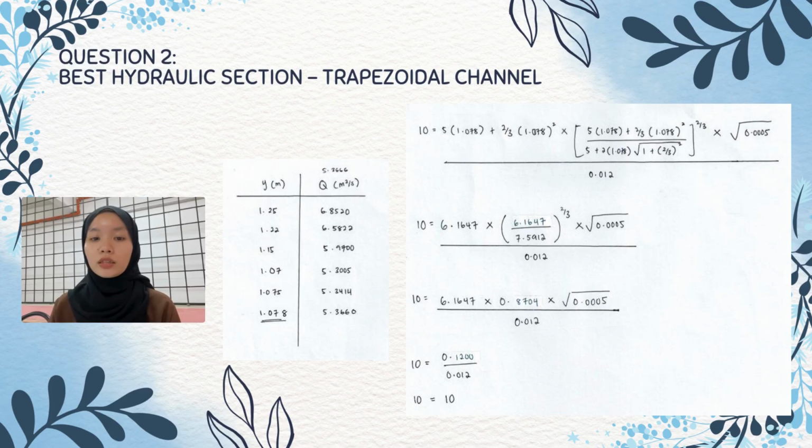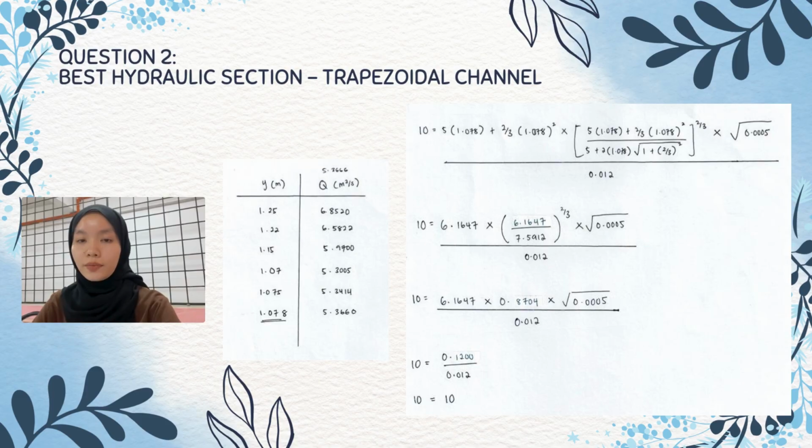The last value that we tried is 1.078 with exactly 5.3660 flow rate. So after trying several values of Y, finally we get the same flow of 5.3660 meter cube per second with 1.078 meter value of Y.